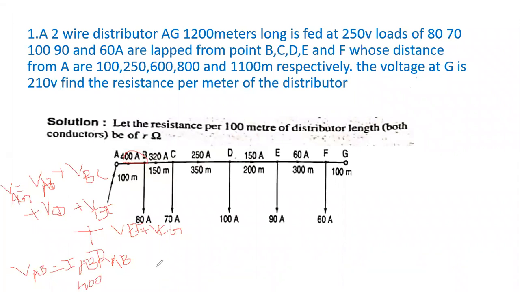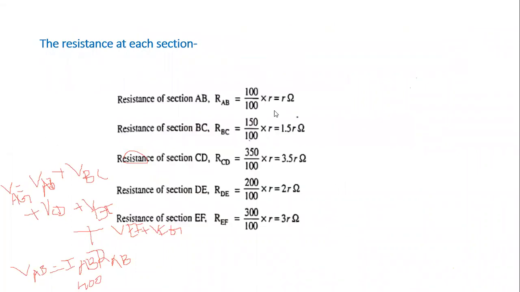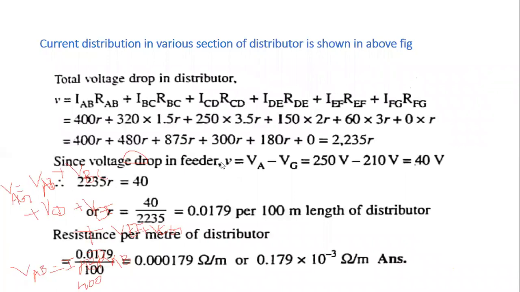RAB is R ohms. Then substitute RAB equal to R. Similarly, we calculate the VBC value, VCD value, VDE value, VEF and VFG. Like that, we calculate these voltage drops at various sections.